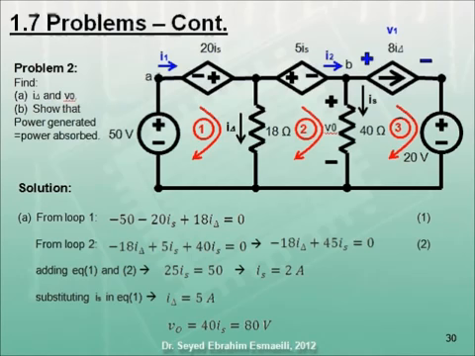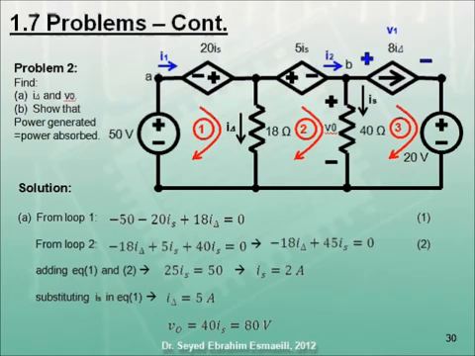Applying KVL on loop 1 and assigning a positive voltage to voltage drops in the direction of the loop, we get minus 50 minus 20 IS plus 18 I delta equals 0. Applying KVL on loop 2, we obtain minus 18 I delta plus 5 IS plus 40 IS equals 0.